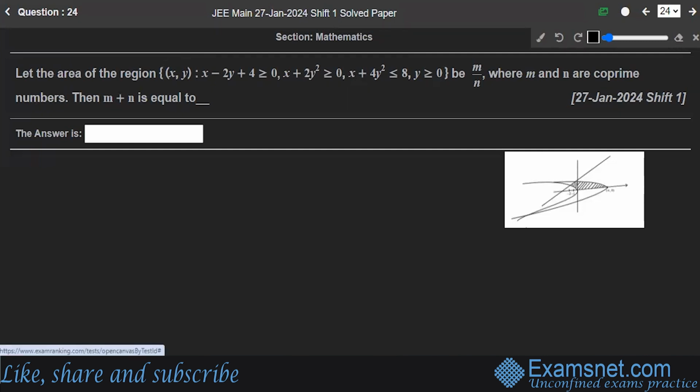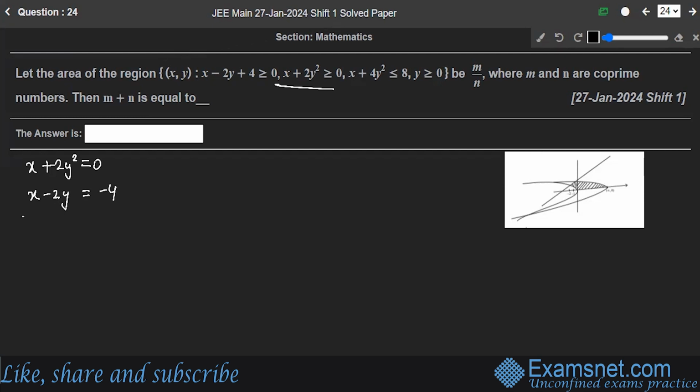First of all, let's find the points of intersection of all of these. If I change the inequalities to equalities, you have the first curve x plus 2y square equal to 0, and the second, the line, x minus 2y is equal to minus 4.